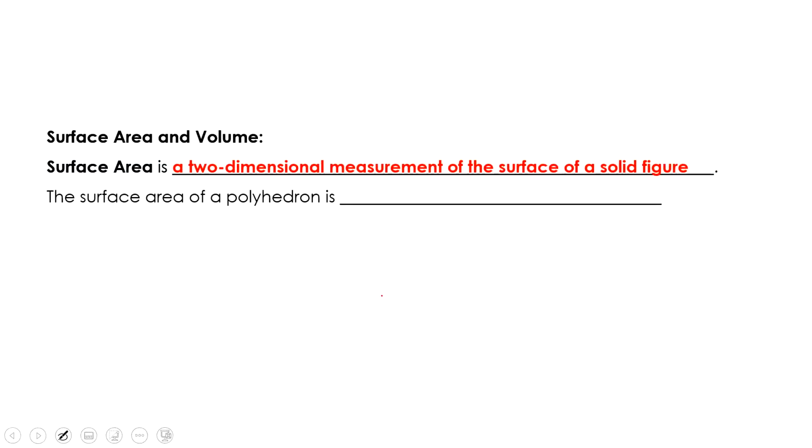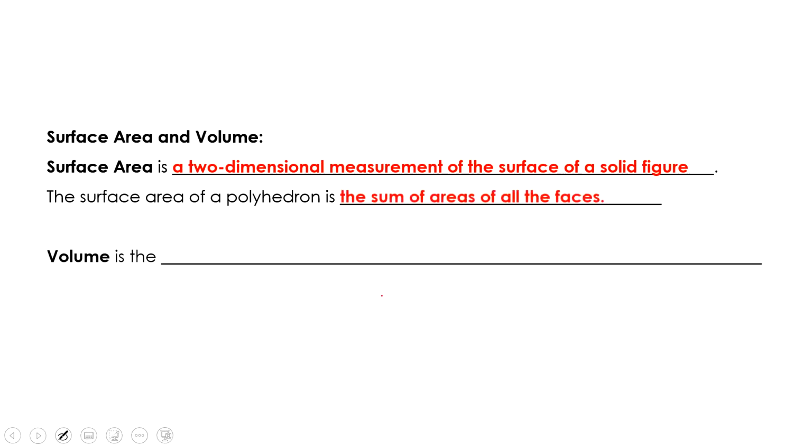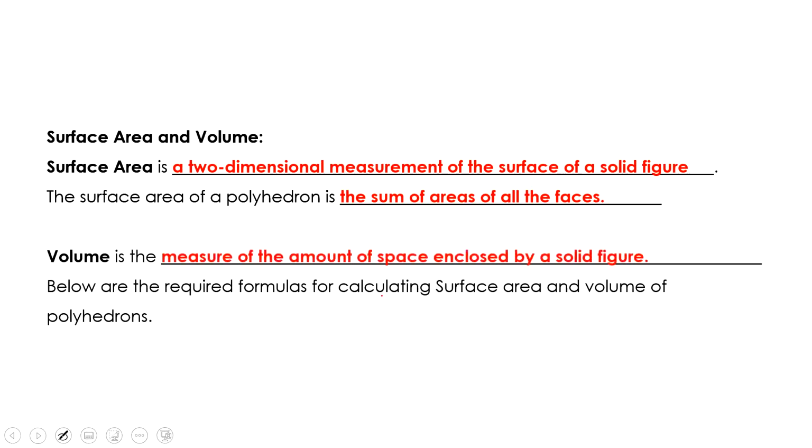Surface area and volume. Surface area is the two-dimensional measurement of the surface of a solid figure. It's the sum of all the areas of the faces. So you find the area of each side of the solid figure, add them all together, and that's the surface area. Think of it as you have a tissue box and you cut all the sides and unfolded it, it's just the area of that. The volume is the measure of the amount of space enclosed by the figure.